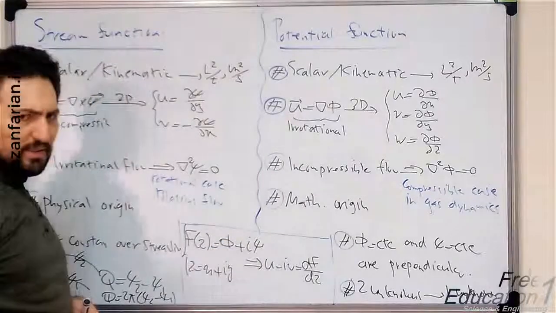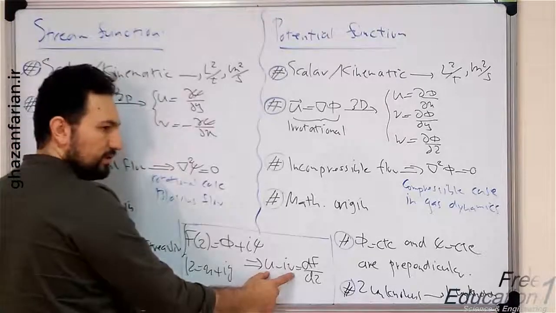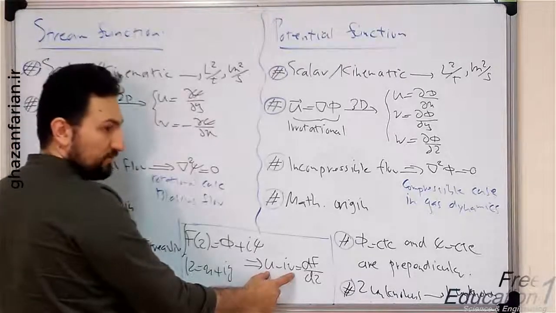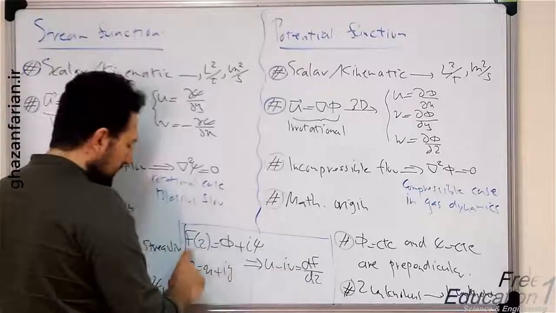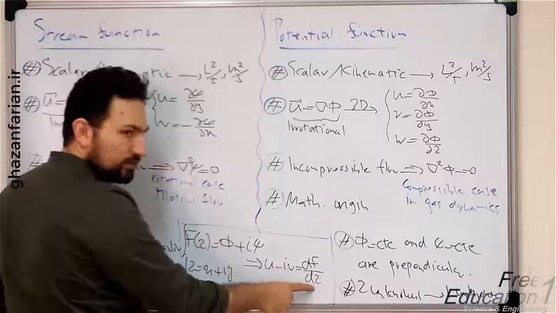It can be easily shown that if you want to compute the velocity components in two-dimensional space, you can compute the derivative of f with respect to z.